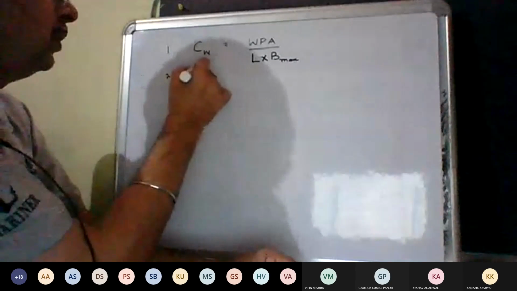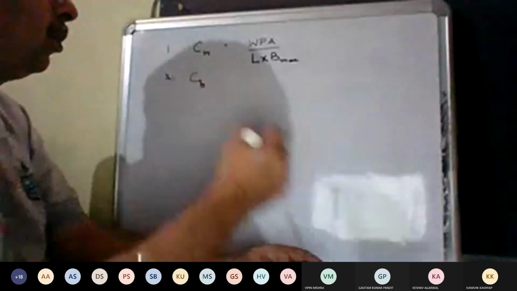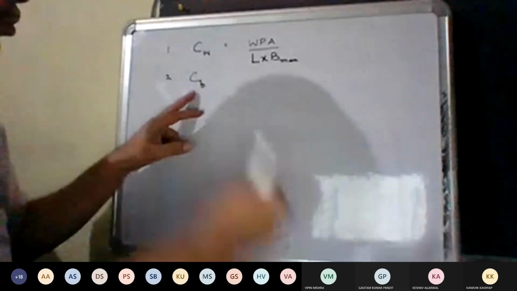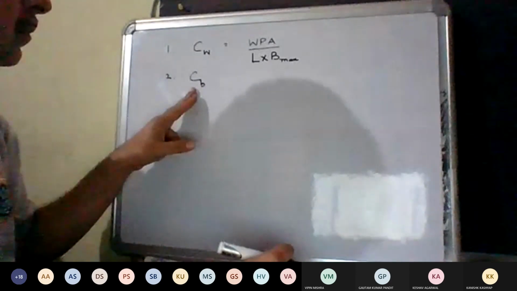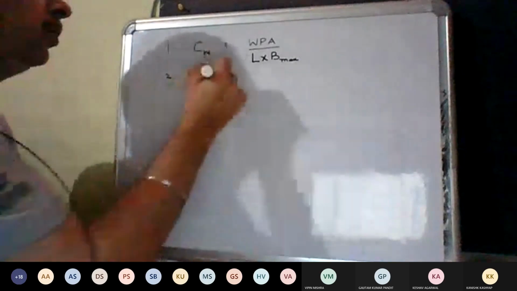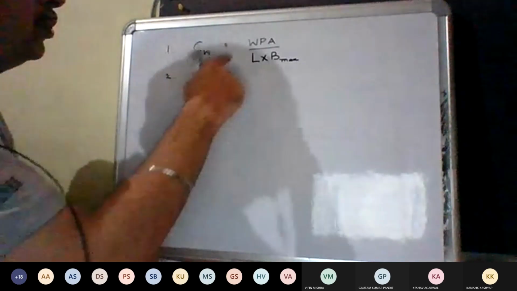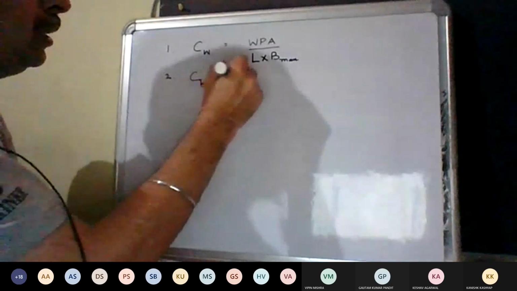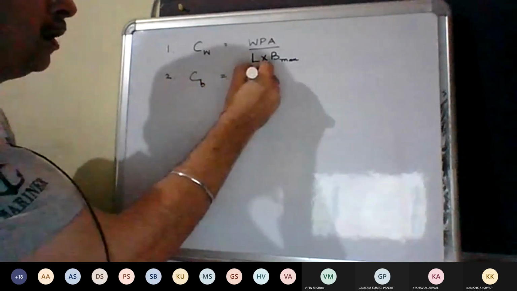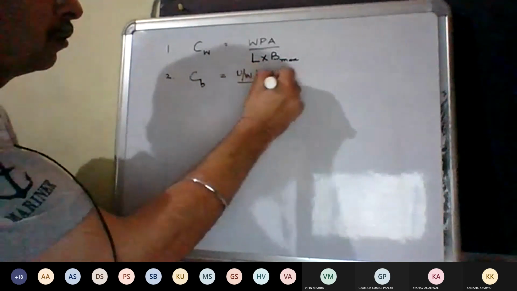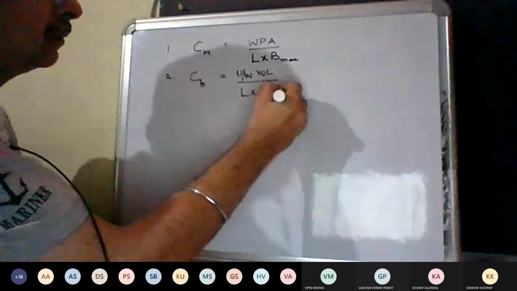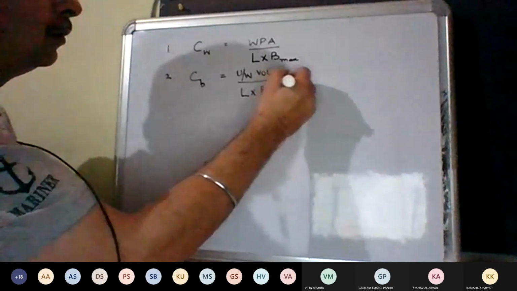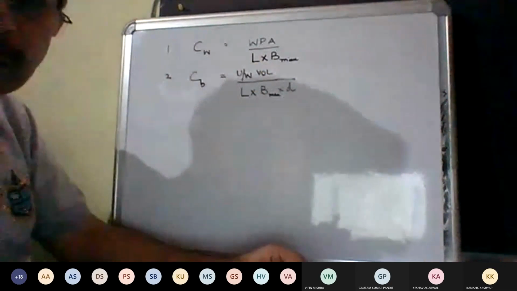Then there is one more coefficient, popularly known as block coefficient, CB, also called coefficient of fineness of displacement. इसमें जो CW में है उसमें थर्ड डायमेंशन एक ऐड हो गया, अंडर वाटर वॉल्यूम divided by L into Bmax into draft. ड्राफ्ट आ गया इसमें.